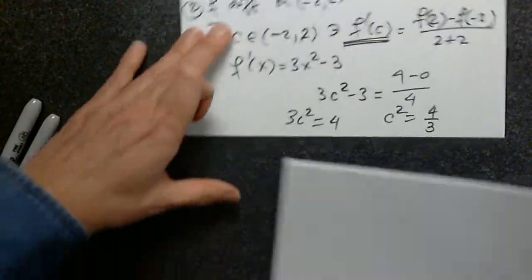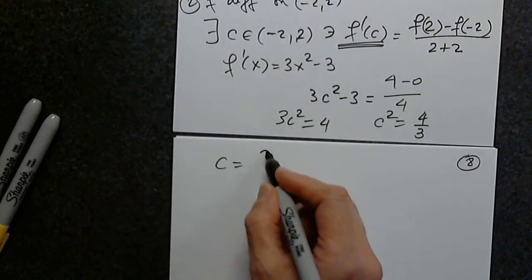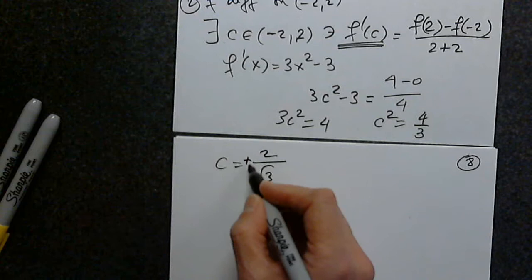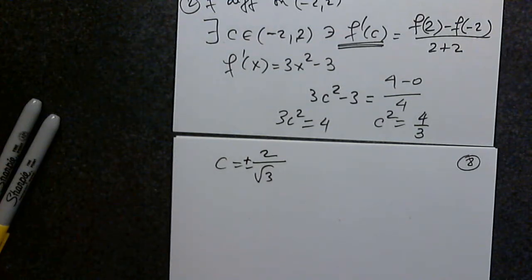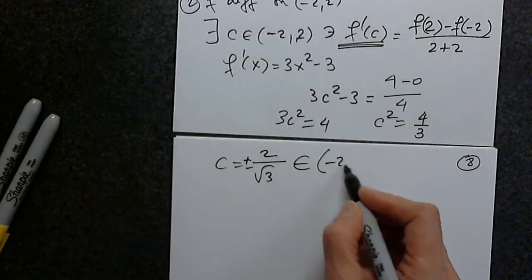Do they both belong to that interval? Then both are the guaranteed numbers of the MVT. If only one, then it's only one. Okay, so they both belong to the interval negative 2, 2.